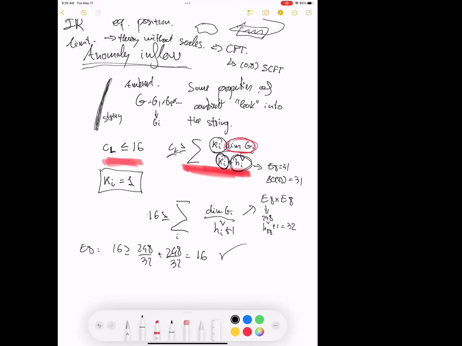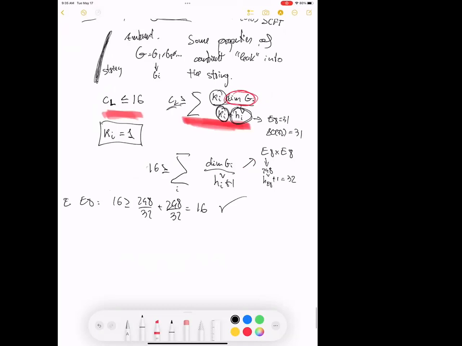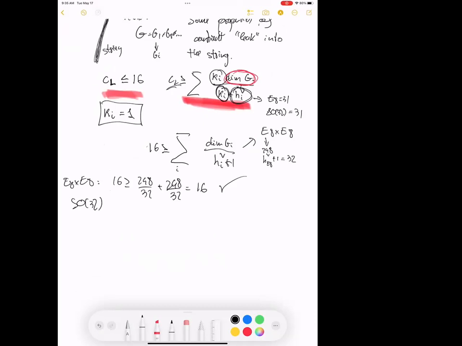So it's saturated. Very good, E8 cross E8. For SO32, there's just 1 factor. The Coxeter number is the same, so it's just 16 is bigger than or equal to 496 over 32, which is 16, so it's all satisfied.